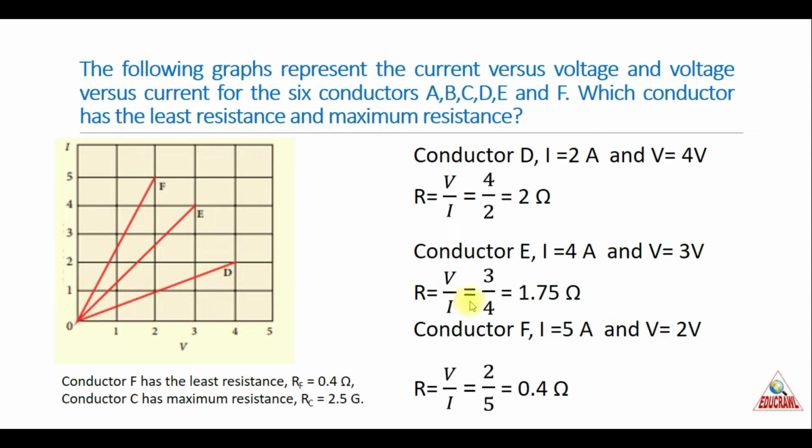So R is equal to V by I, which is equal to 3 by 4 is equal to 1.75 ohm. For the conductor F, I is equal to 5 ampere and V is equal to 2 volt. The resistance R is equal to V by I is equal to 2 by 5, which is equal to 0.4 ohm. So the corresponding values of resistance of all 6 conductors have been found.